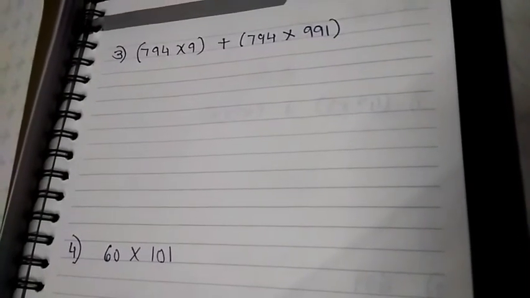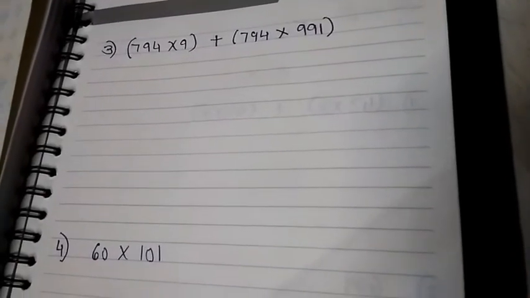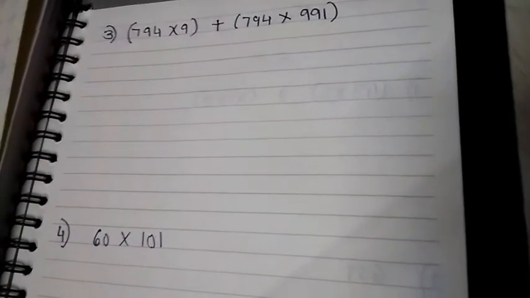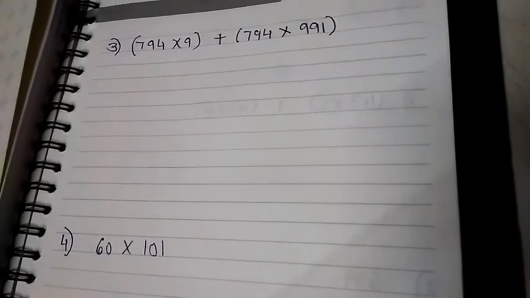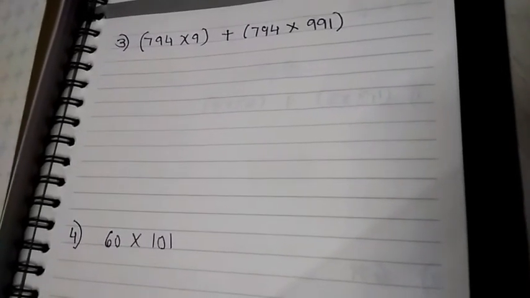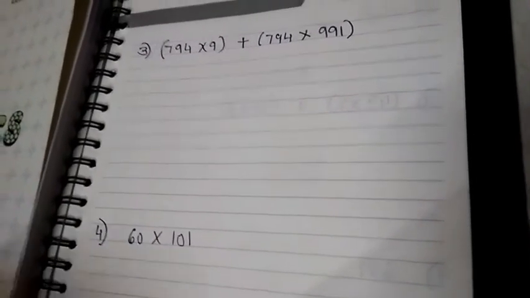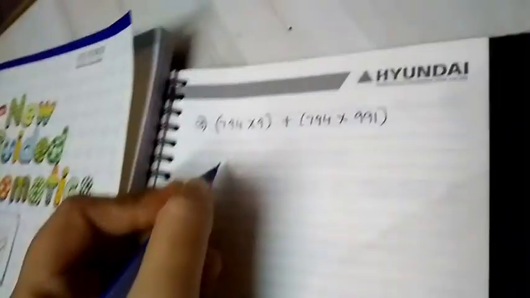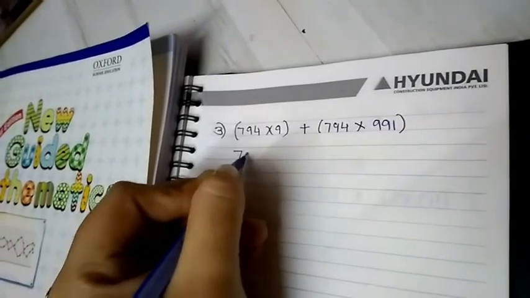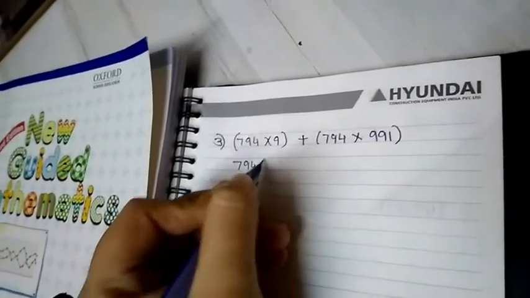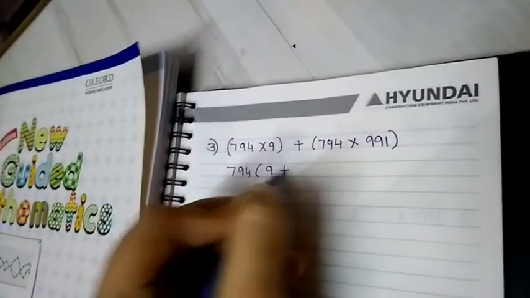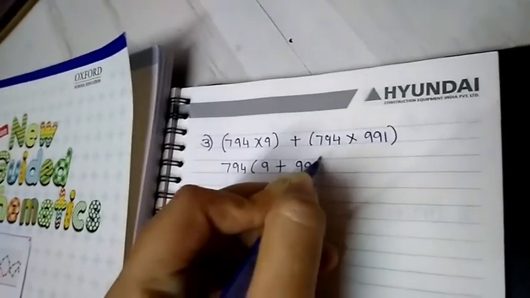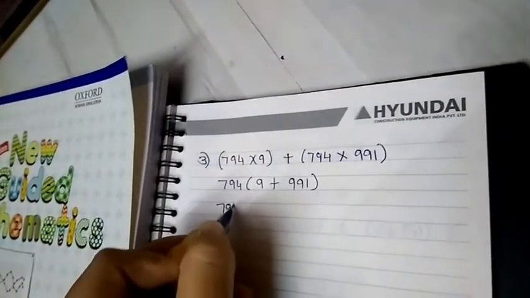Question number 3. 794 multiply 9 plus 794 multiply 991. Now here also 794 is common. So you will take out 794 as common. So 794 into bracket 9 plus 991.